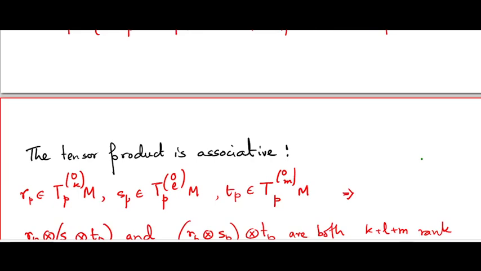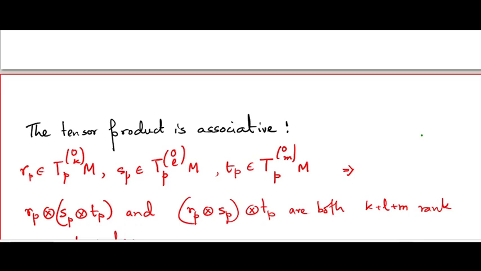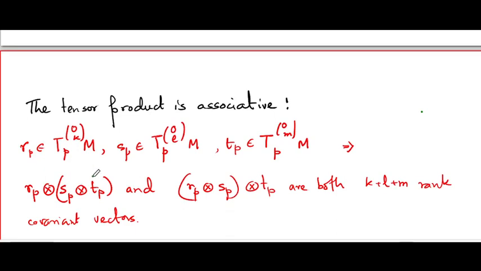If you have three tensors, R, S and T, each at the point P, which are respectively of type (0,k), (0,l) and (0,m), then you can form a tensor product out of all three, either by doing this, which is forming the tensor product of S with T first and then taking R's tensor product with that, or this, where you take the tensor product of R and S first and then take a tensor product of T with that.